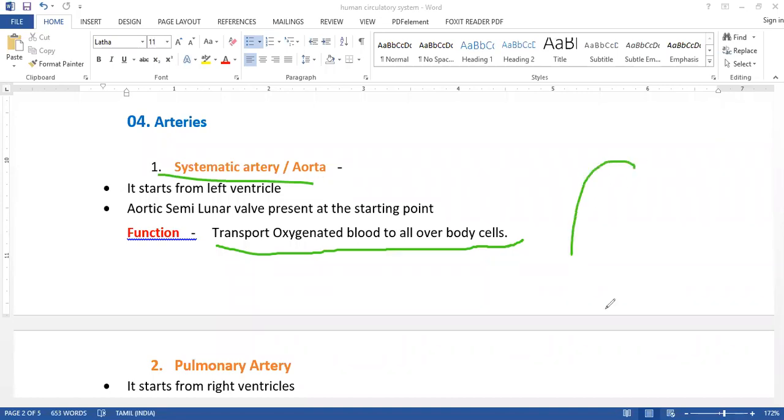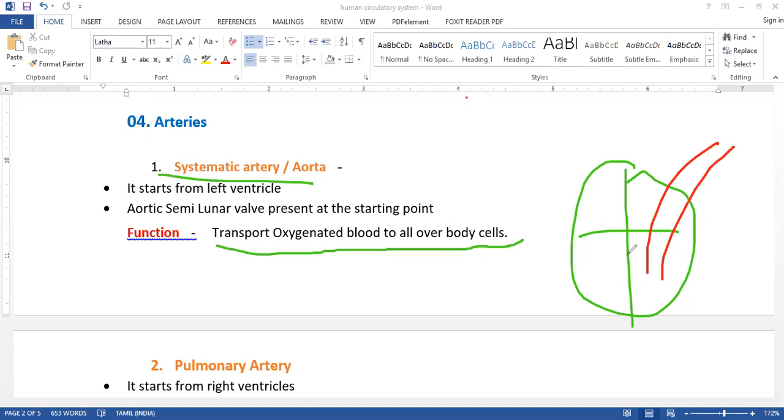Look, if I say this is a heart, and you have these blood tubes, that is the systemic artery, which is starting from the left ventricle. This systemic artery or aorta is transporting blood to all over the body. We will talk about how it is transporting. And what type of blood?